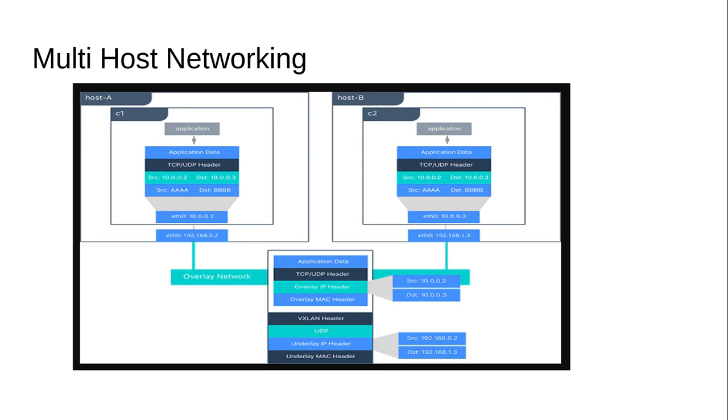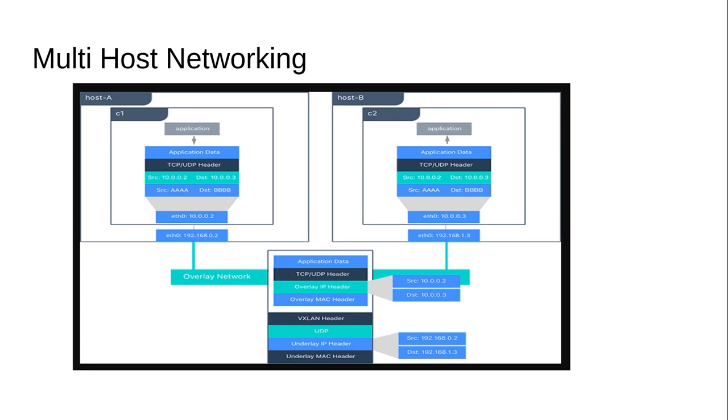Once the packet reaches host B, host B has the idea where this 10.0.0.3 is located, because there is a possibility that on host B I can have hundreds of containers. But all these containers will have different IPs.